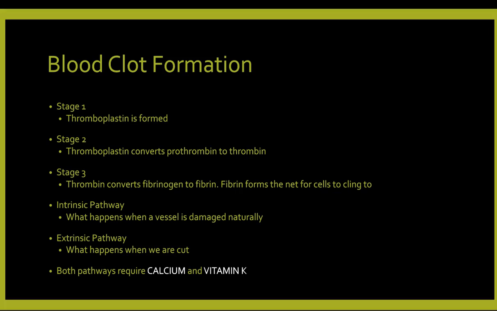It is the enzyme that converts prothrombin to thrombin. Once thrombin is converted, thrombin is then the enzyme that is going to convert fibrinogen to fibrin. And fibrin is the substance that forms the net for the platelets to cling to begin forming the clot.